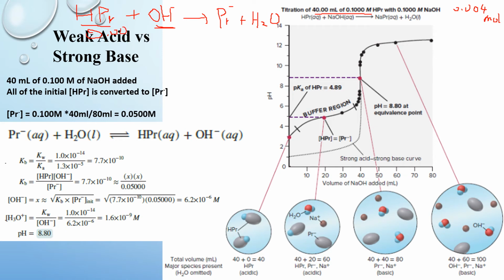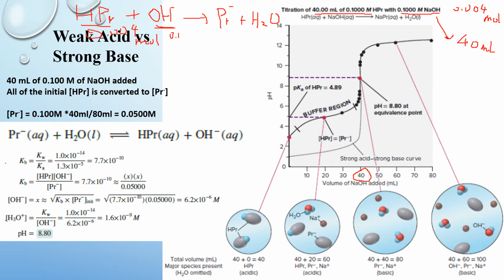So that means we also want 0.004 moles of the hydroxide. By knowing the concentration of this hydroxide, we know that we're going to need 40 milliliters of this sodium hydroxide. That's why the equivalence point happens when 40 milliliters of sodium hydroxide has been added.